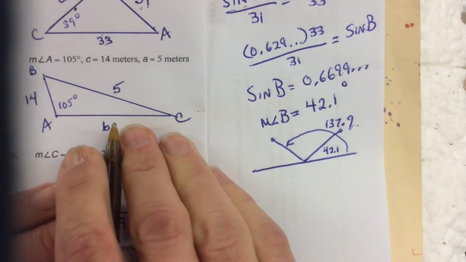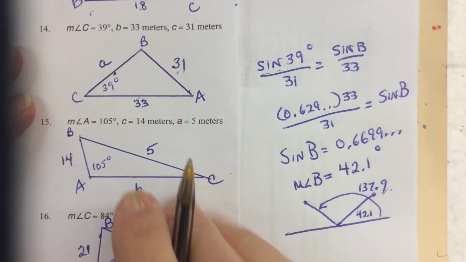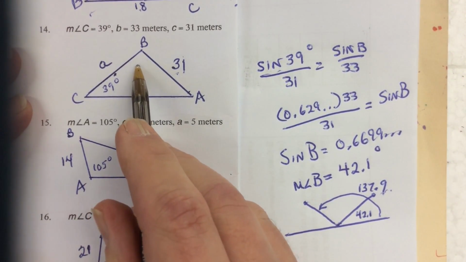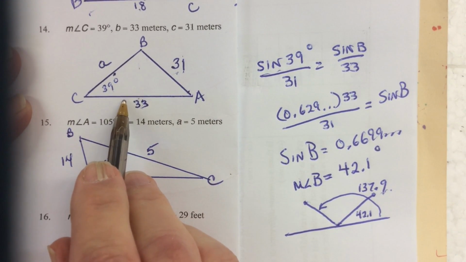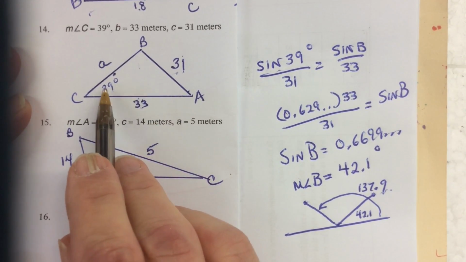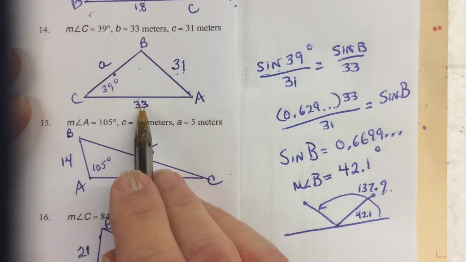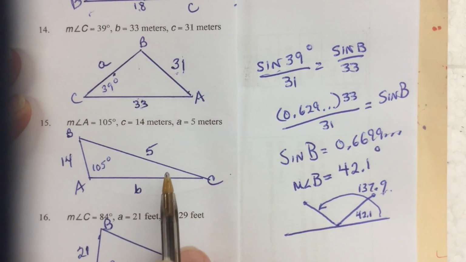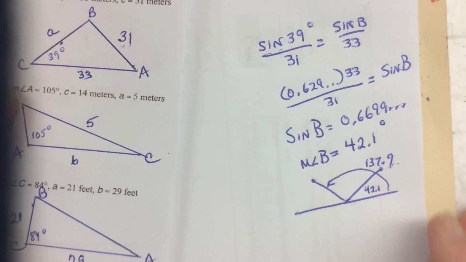So going back to look at this, is there any particular reason why that wouldn't work? B could be 42.1, and it could be 137.9. In both cases, it would be larger than 39 degrees, which it has to be because the side opposite is bigger than 31. So let's pursue this and see what happens.